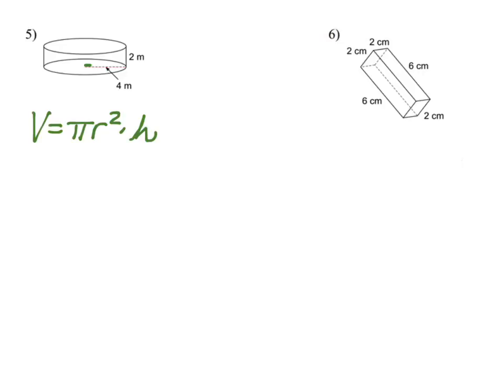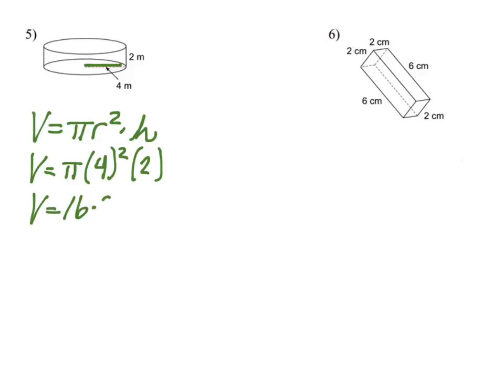But here our radius is the 4 because it's connected to the base. So plug in all your pieces in the correct sections. And then the height of our figure is 2. So we square the 4 first, so we get 16 times 2 pi. So we get 32 pi meters cubed.